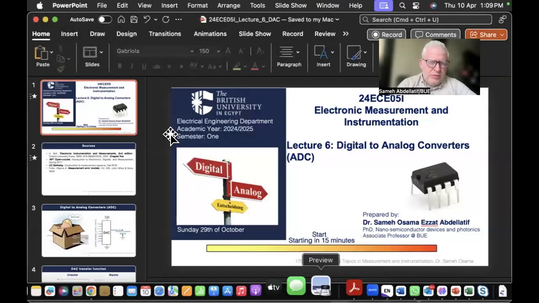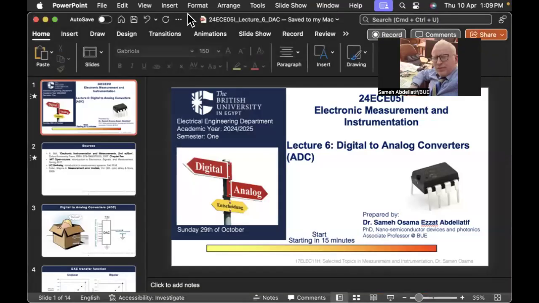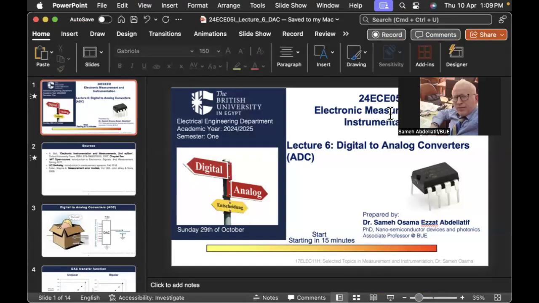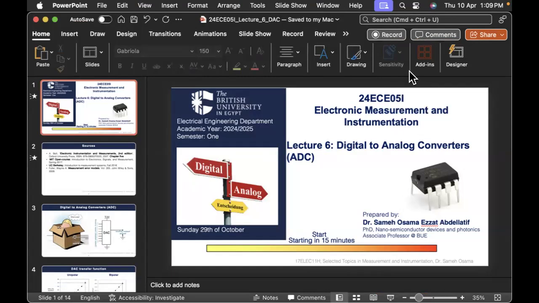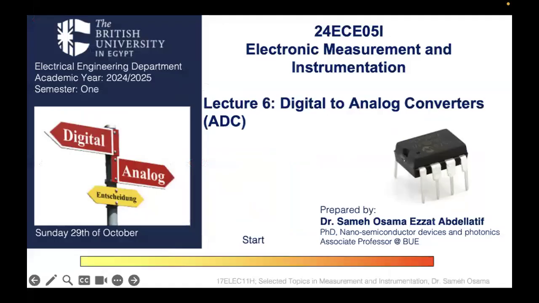I mean, the DAC is a part of the ADC's block diagram. So let's see together how we are going to demonstrate DACs.